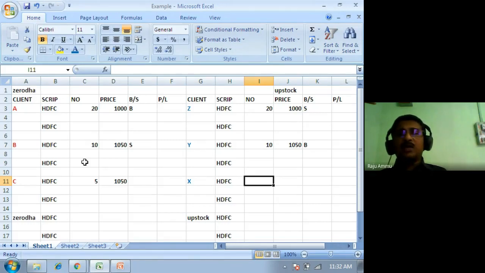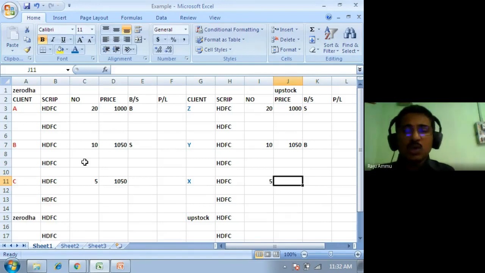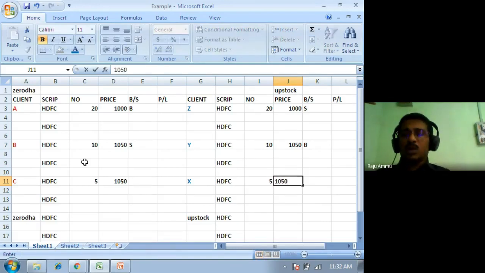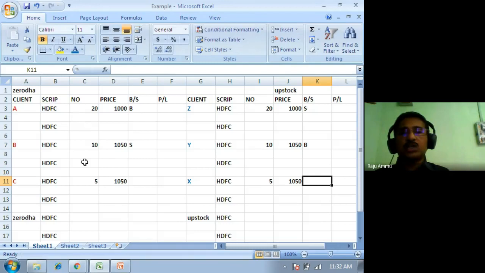On the other side, that is on the Upstock side, there is another client called X, who is willing to sell the same five shares at, of course, 1050.